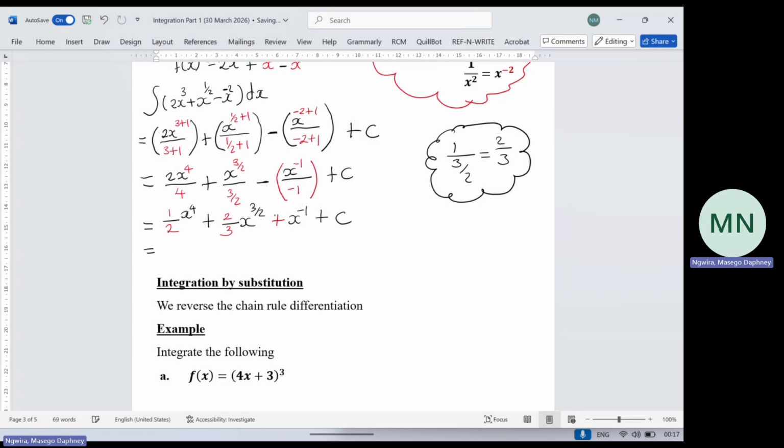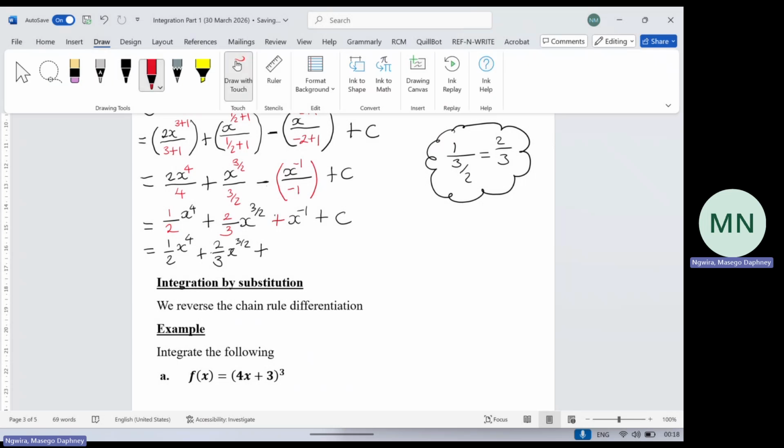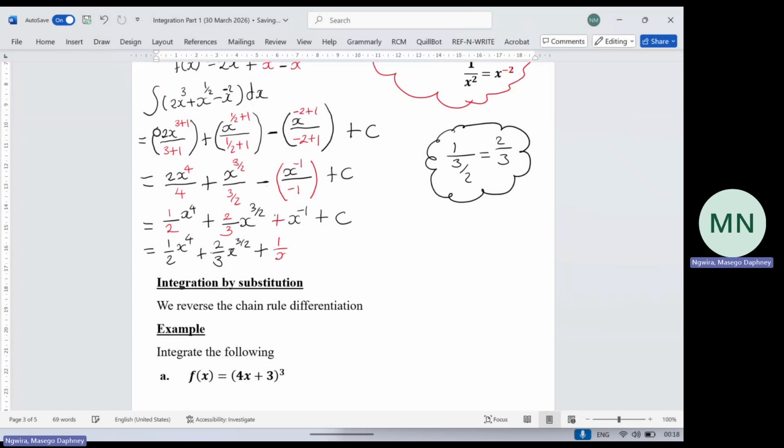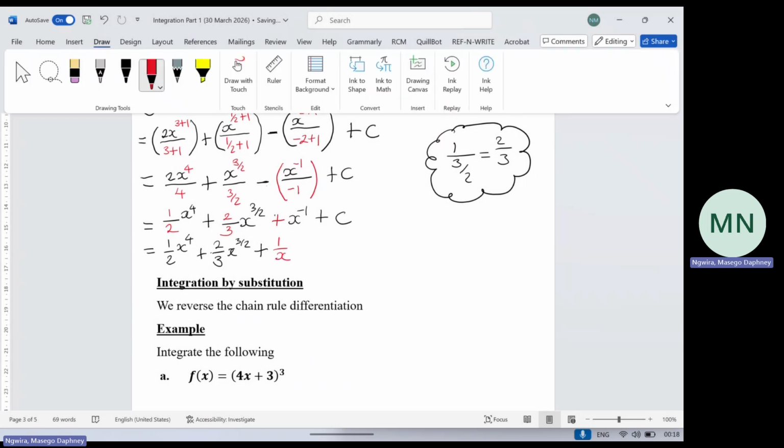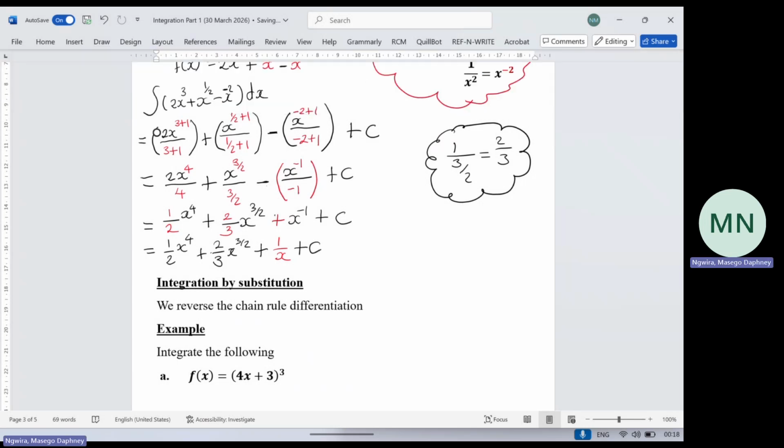And now the negative 1 is going to change. So this will be 1 over 2, x to the power of 4, plus 2 over 3 x to the power of 3 over 2, and then plus. Now this x to the power of negative 1 is going to be 1 over x, and then plus c. Okay, so that's how we do it.